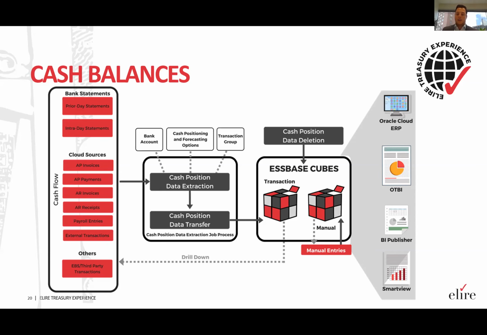Smart View is a Microsoft-based add-on to Oracle that allows for an established connection to be made between Excel and Oracle for a more in-depth data analysis. It builds a connection between the two, pulling the data from these cubes into an Excel template that then allows you to conduct various cash position analysis.